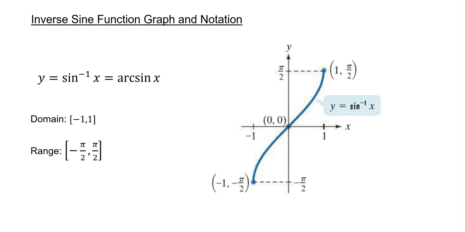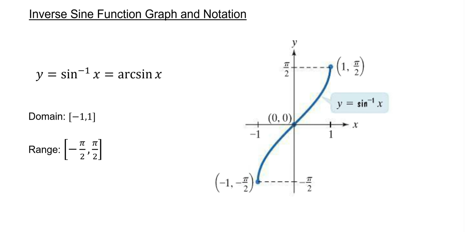Taking a look a little bit more in detail with the inverse sine function and the notation and its graph. We have two separate notations for how we denote the inverse sine function. We can either use the one on the left here, you can call it inverse notation. You read that as sine inverse. Even though that is a -1, it looks like a -1 exponent, right?